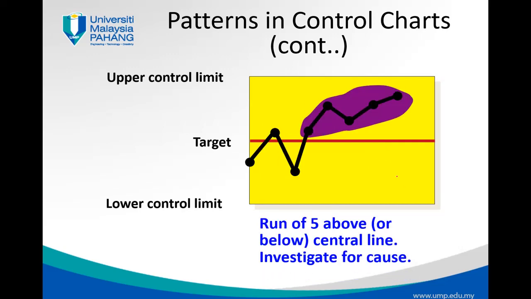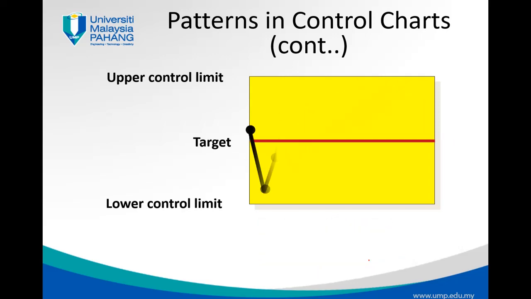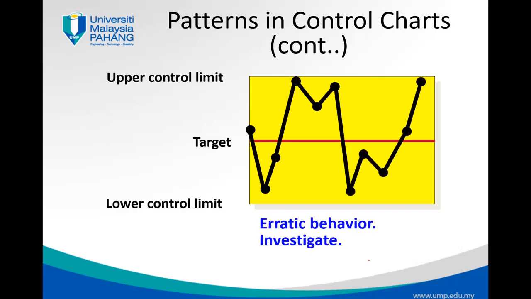Then a run of 5 above or below the central line. For this one, the majority of the points are above the central line, so this also needs to be investigated for the cause. Then erratic behavior, investigate.